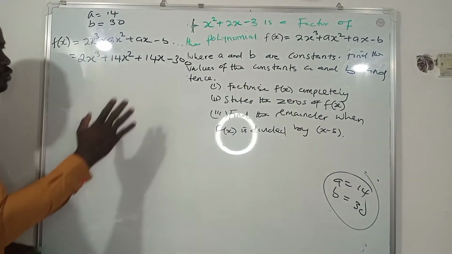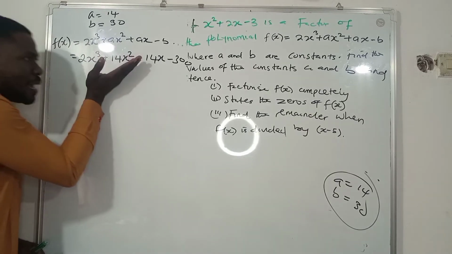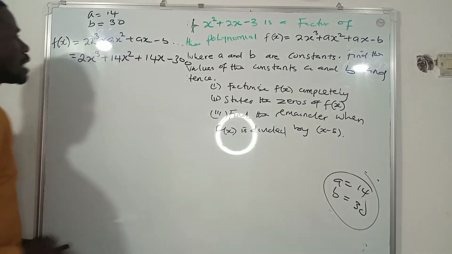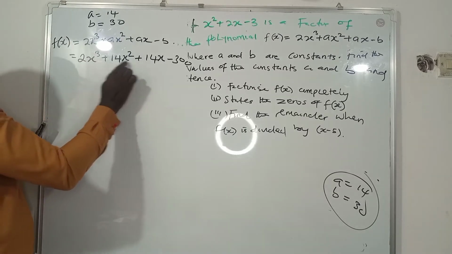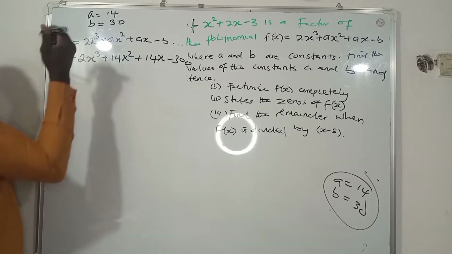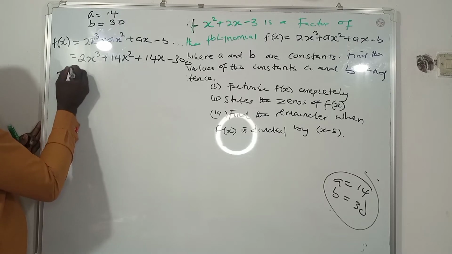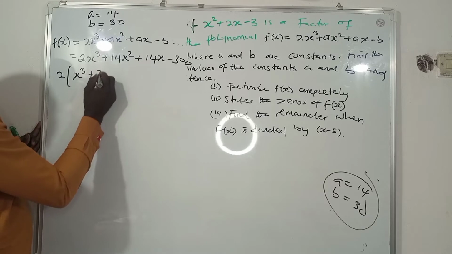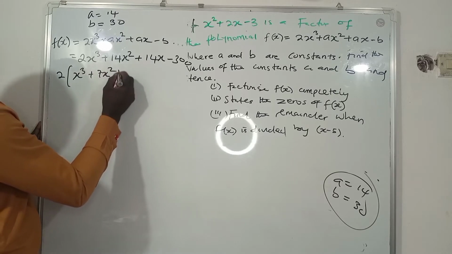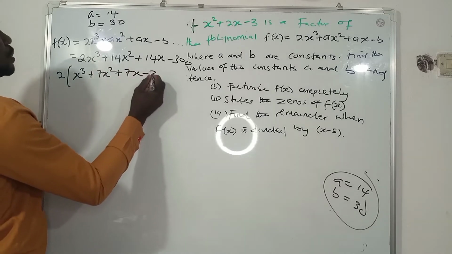First, for us to factorize completely, this is the main equation that we have. If I look at this expression, you notice that 2 is common to all of it. I may decide to factorize 2 out, and that will become 2 into x raised to the power 3 plus 7x raised to the power 2 plus 7x minus 30.